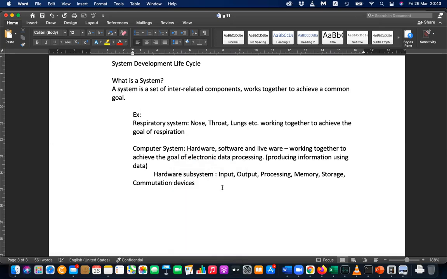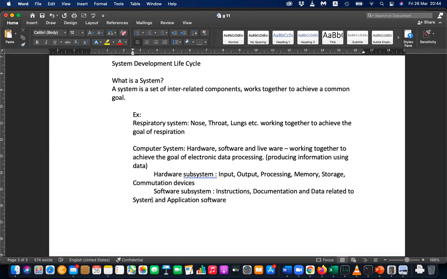And when it comes to the software subsystem, you have instructions, documentation, and data related to system and application software.